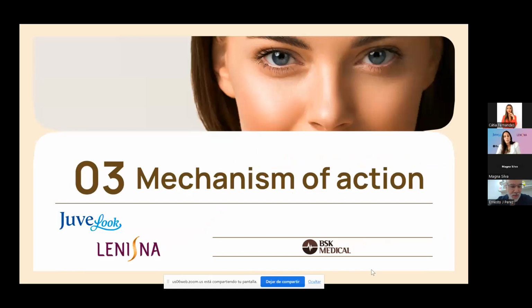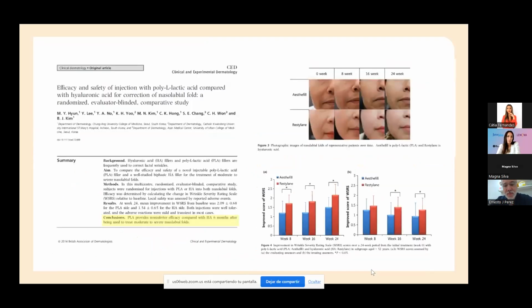We'll show the clinical studies later. The mechanism of action of polylactic acid is very well established. All of these studies I can share with you if you ask me by email or by phone.